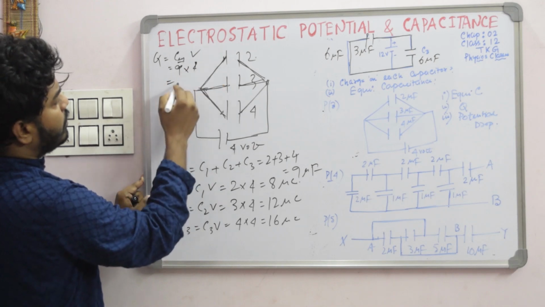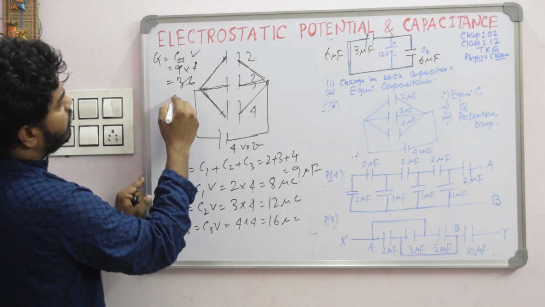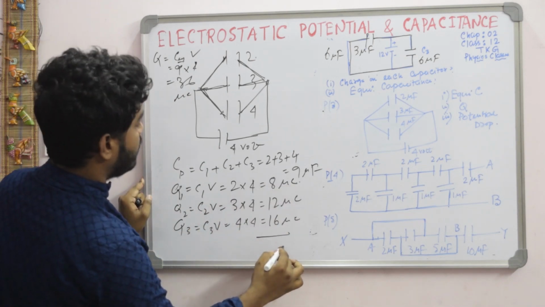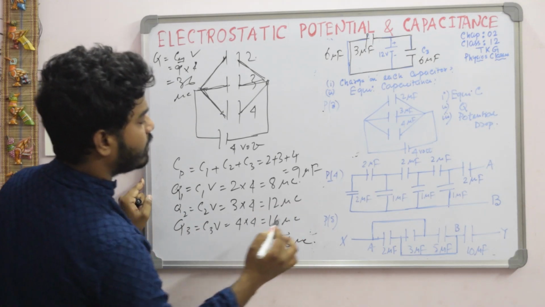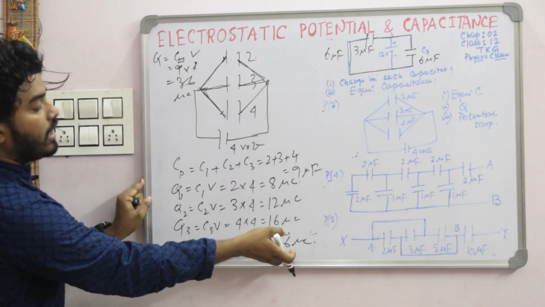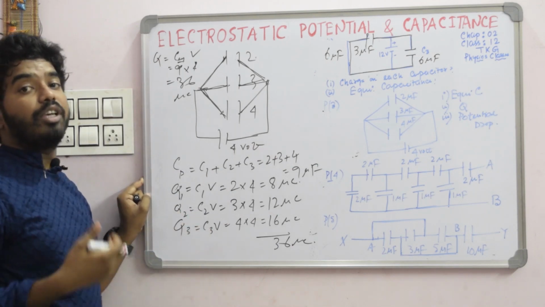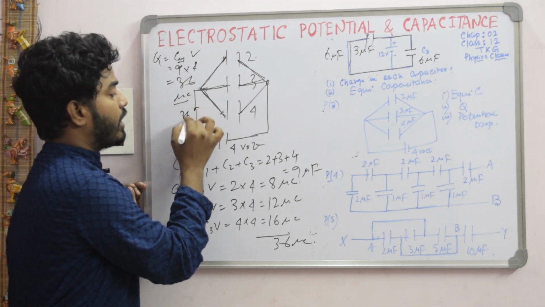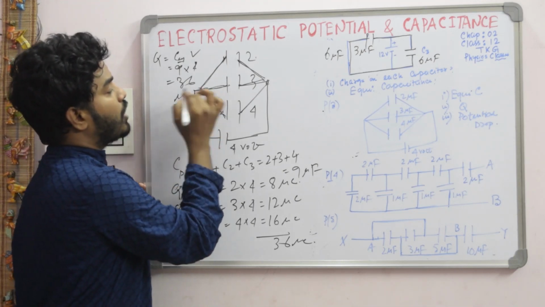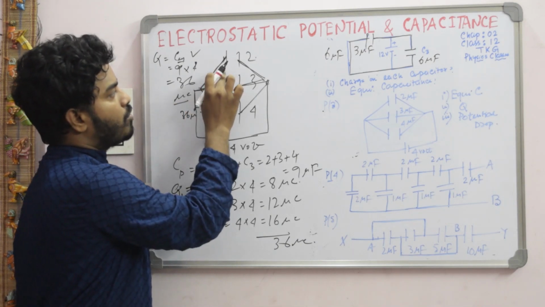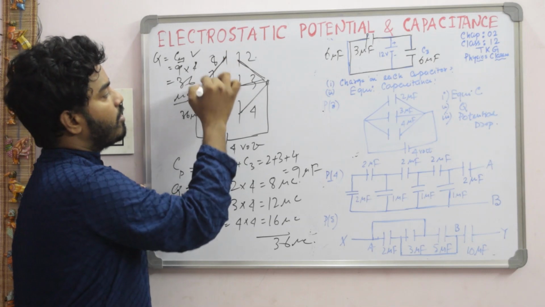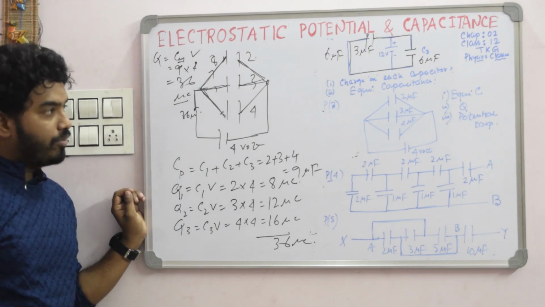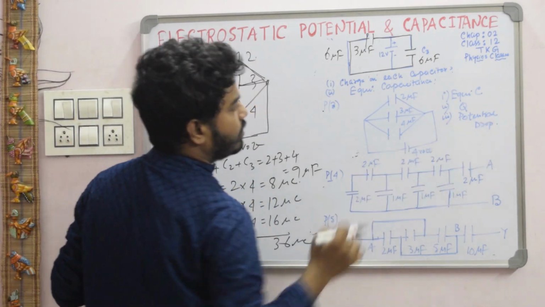So 4 into 9 is 36 microcoulomb, and sum it: 8, 12 and 16 gives 36 microcoulomb. So the total is 36, and if I simplify it to the equivalent circuit, the total charge remains 36. That means this 36 microcoulomb charge is divided into 3 parts. For the first, 2 microfarad, it is 8, for 3 microfarad it is 12, and for 4 microfarad it is 16.